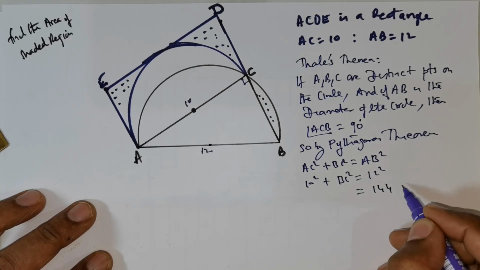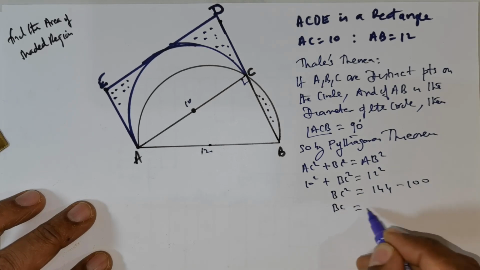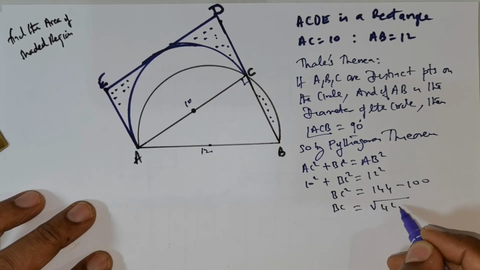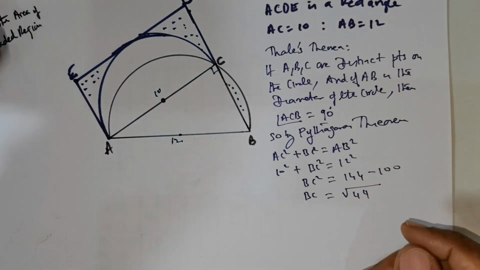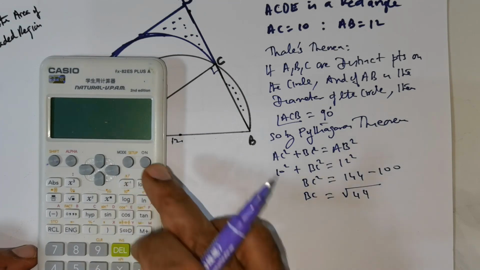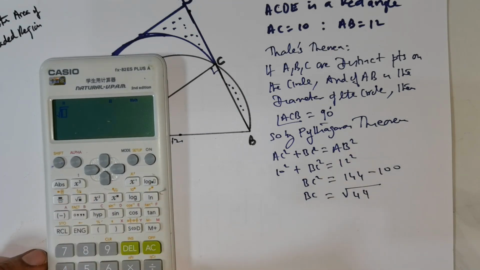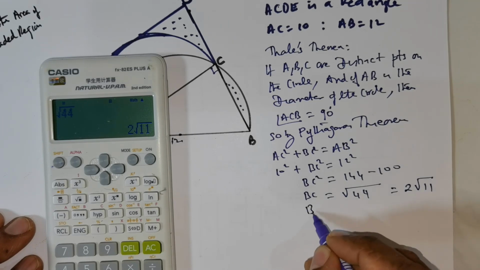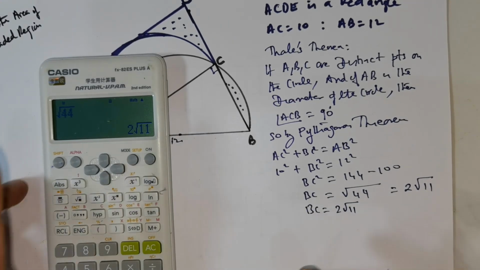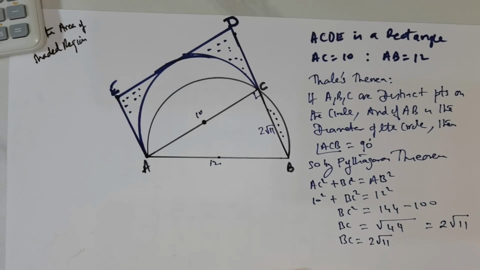This is 144 minus 100 is equal to BC squared. So BC is equal to root of 44. Now square root of 44, let me check that out. I got square root of 44. I can rewrite this as 2 times root of 11 units. So that's fine. So BC is equal to 2 times root of 11 units.